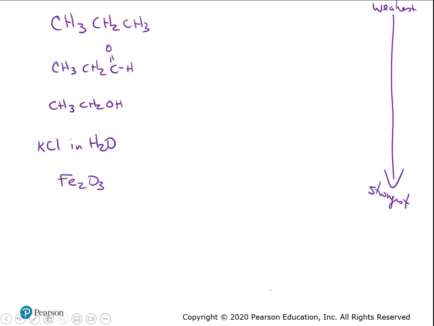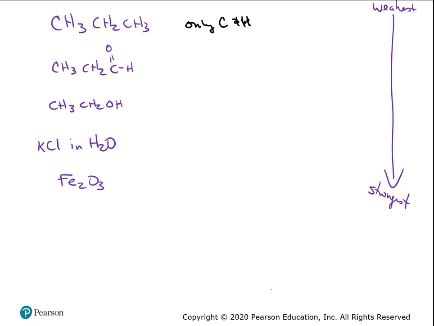So here are examples of the 5, weakest to strongest. What you want to do is just look at what you are looking at. How would you identify which type of intermolecular force is the strongest in these examples? So in this first one, notice that it is only carbon and hydrogen.